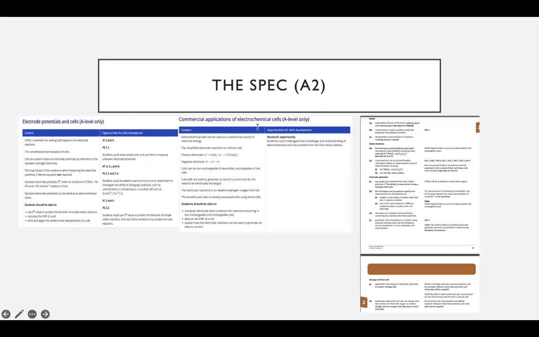Someone's asked in the chat, and we're going to come to this literally on the next slide, what's the color change for manganate to Mn2+? This is a very important color change. Strictly speaking, if you have potassium manganate 7, that's going to be purple, and Mn2+ is colorless.